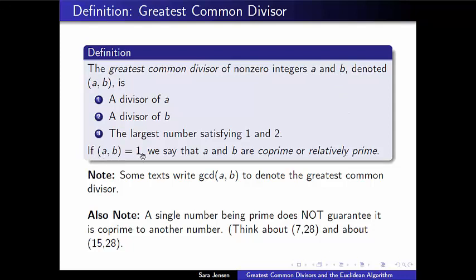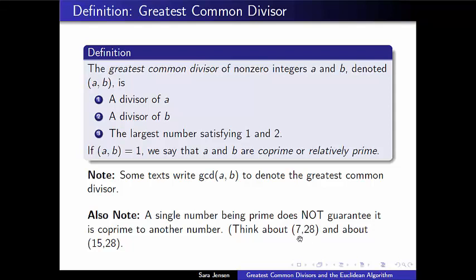If I were computing the greatest common divisor of 7 and 28, that would be 7, because 7 divides 7, 7 divides 28, and clearly nothing larger than 7 will divide both of them.